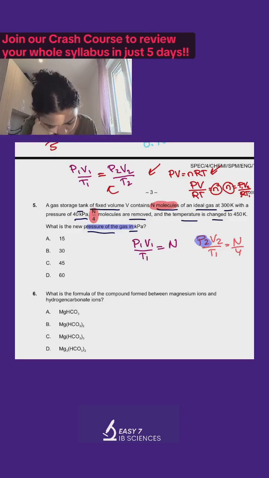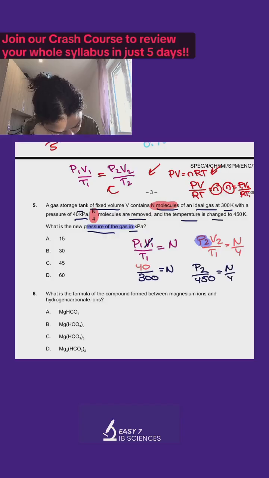Okay, so what's our first pressure? Our first pressure is 40. They say the volume stays the same, so I can just cancel it out. My first temperature is 300, and that all equals n. And then I can say P2 is all equal to 405 n over 4. Okay, what can I do? I can just sub in n for here, and then solve for P2.